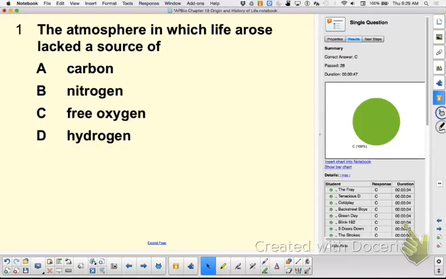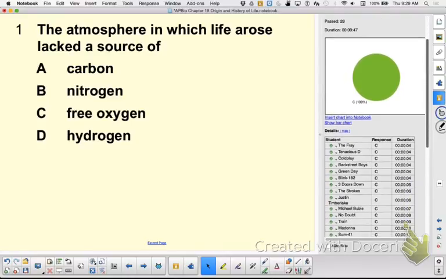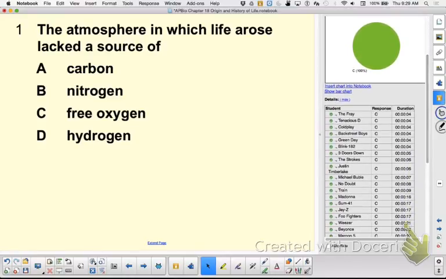It's the same direction. Good job. Tenacious D and Coldplay.